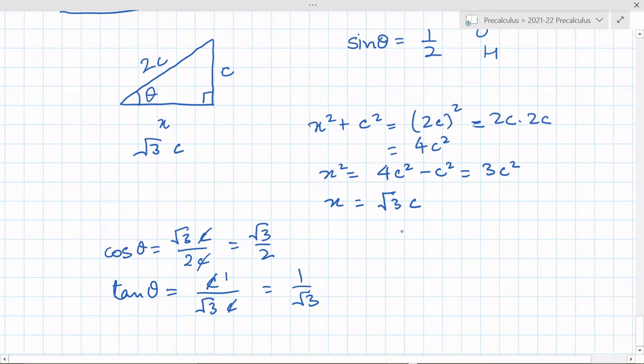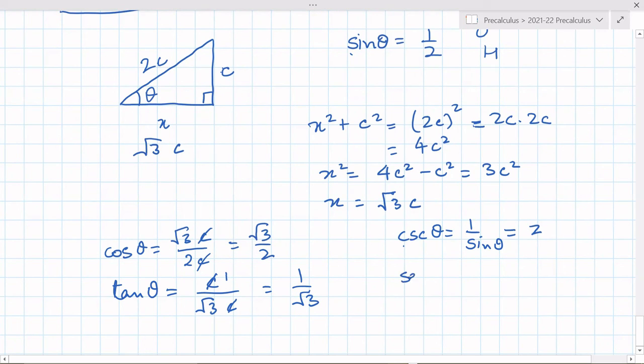And then cosecant theta is 1 over sine. So when it starts with C, it is 1 over S. That's one way to remember. Cosecant theta is 1 over sine theta. So this is 1 over half, which is 2.